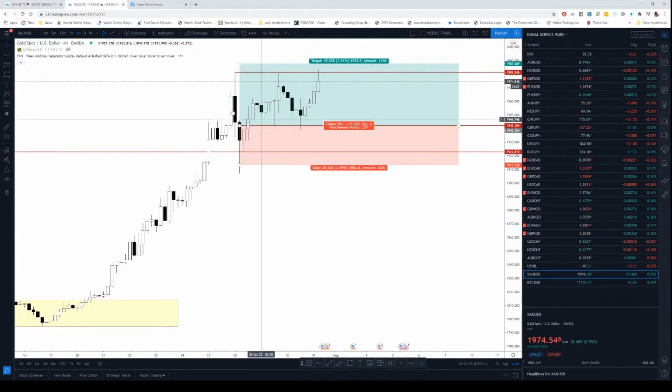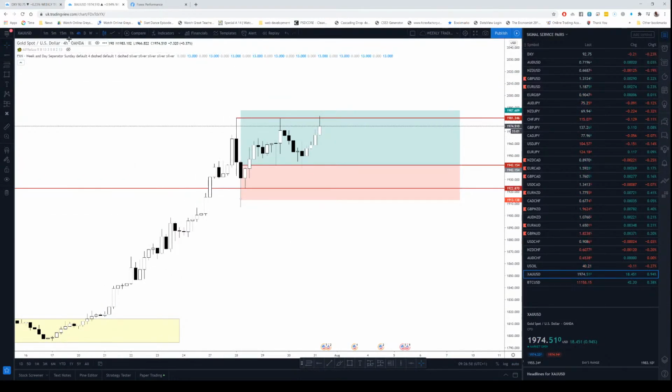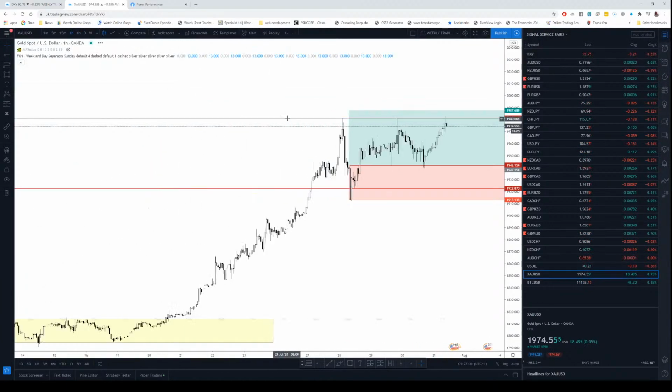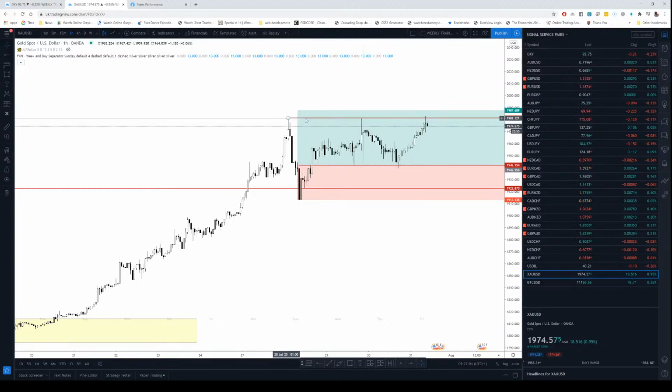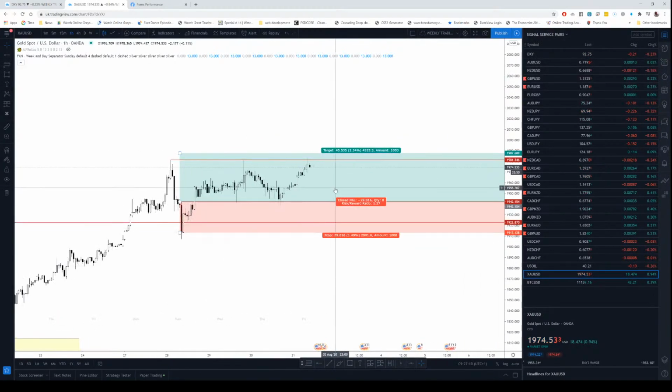Gold, equal highs gone, right? Equal highs don't stay in price for long. So I think gold is going to come back down.